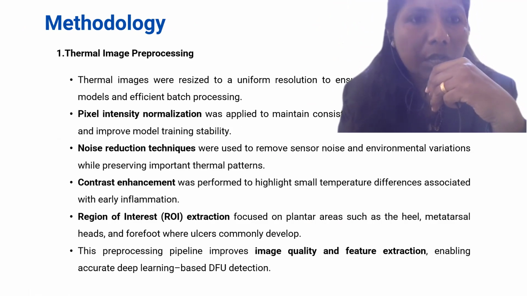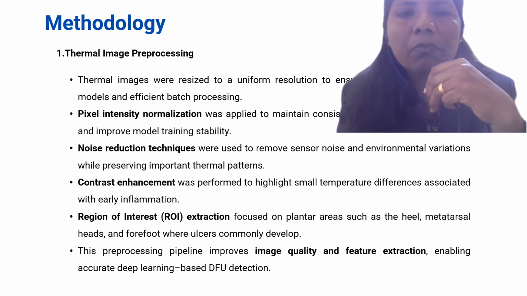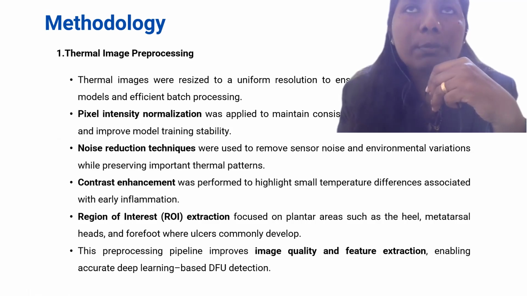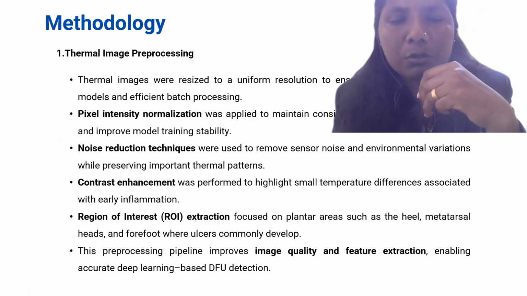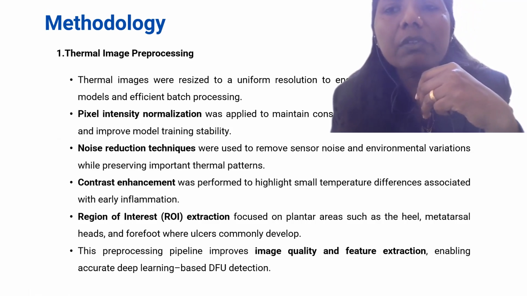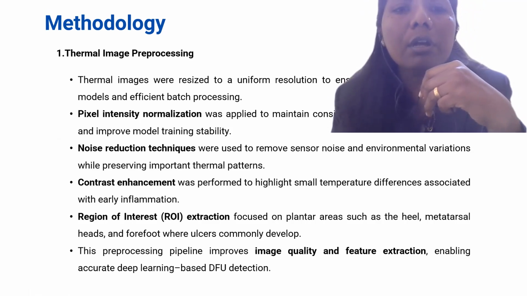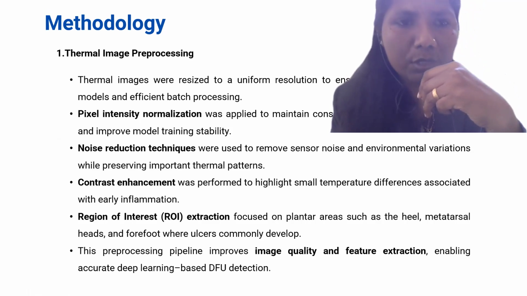The methodology that we have used here: the first phase is thermal image pre-processing. So here we need to pre-process the thermal images. They are resized to get uniform resolution and compatibility with the CNN models and efficient batch processing.